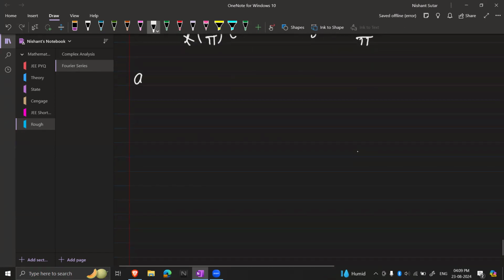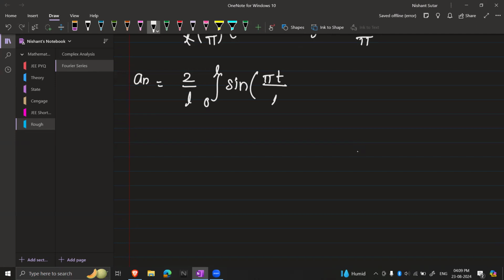Now we'll calculate an. To calculate an, again by definition, it is 2 upon L integral 0 to L sine of pi t upon L into cos of n pi t upon L dt.